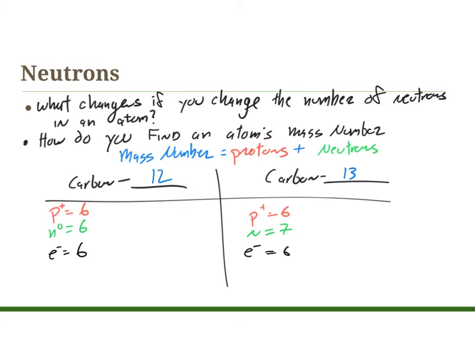And so what we really are noticing here is that the mass number changes, but nothing else does. The number of protons is the same, the number of electrons is the same, but the mass number changes. This is a new concept that we are going to refer to as an isotope.